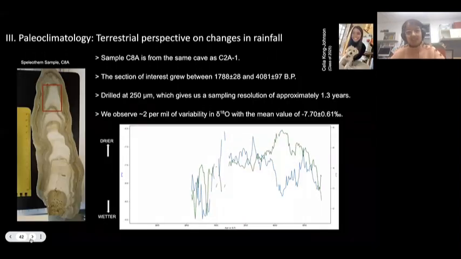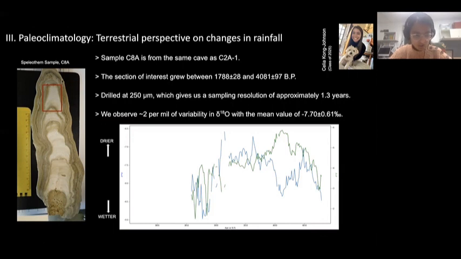We have another stalagmite that grew from the exact same cave, from the exact same chamber. We have C8A, and you're looking over here at the cross-section of C8A. The section of interest, which is just this top panel over here, gets very porous and crumbly as you go deeper.